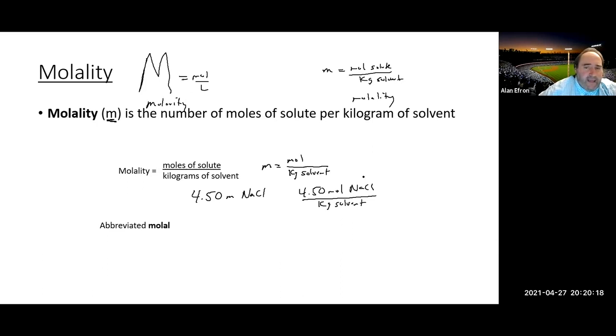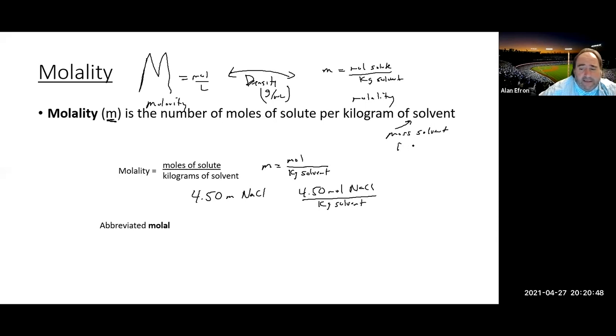How do we go from molarity to molality? It's usually density, in grams per milliliter, that ties those two together. Also, sometimes you may need to use density to figure out the mass of a solvent, where you're given the volume and the density.